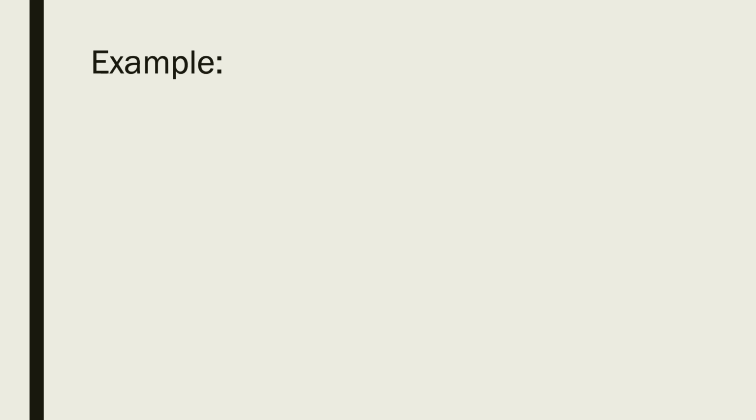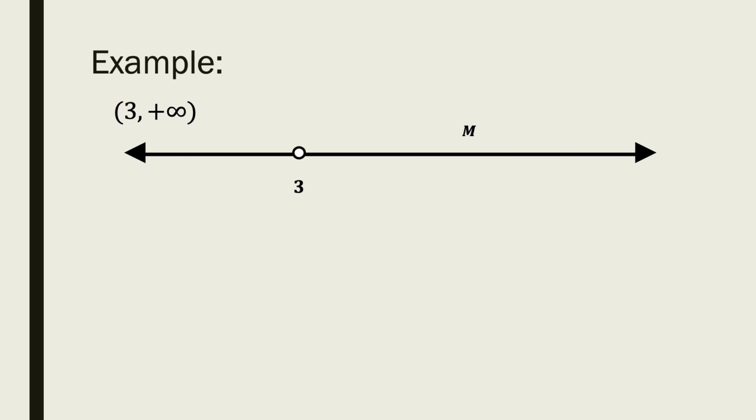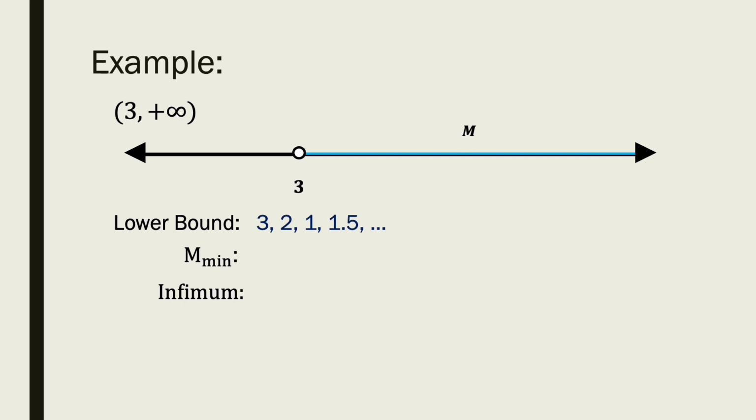For more clarity, let us have some examples. First, let us have the set m from 3 to positive infinity. Since set m is bounded below, we can identify its lower bound. So what are the lower bounds of m? The lower bounds of m are 3, 2, 1, 1.5, and so on.